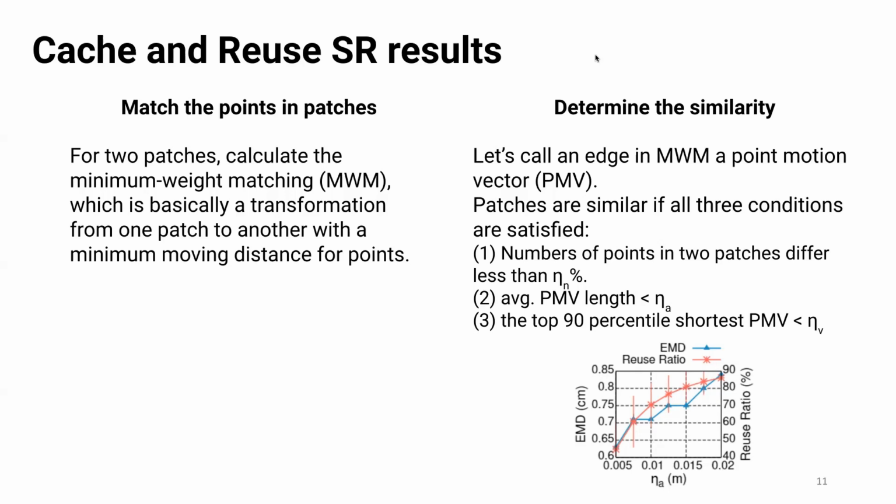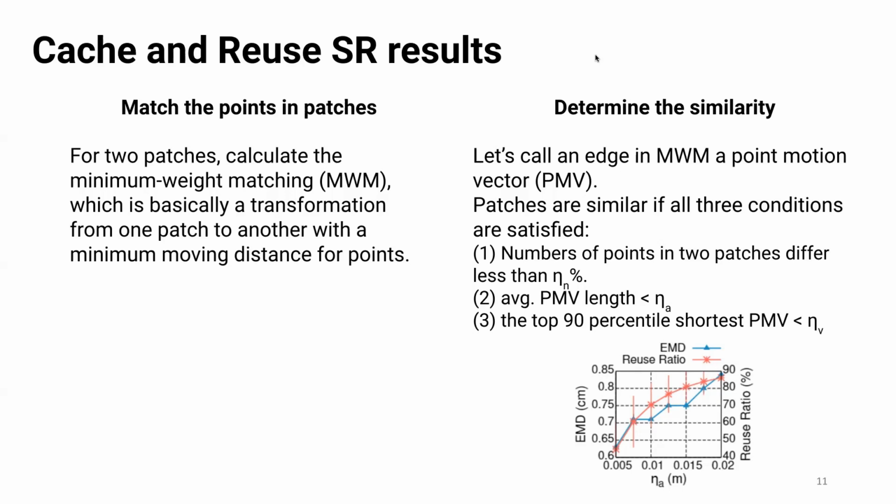And they showed with this experiment that by relaxing the condition of the eta a in the x-axis, they can observe the trade-off between the accuracy and reuse ratio. So the EMD here is the kind of the accuracy, and we can think that when EMD is low, the accuracy is good. When it is high, then the accuracy is bad.